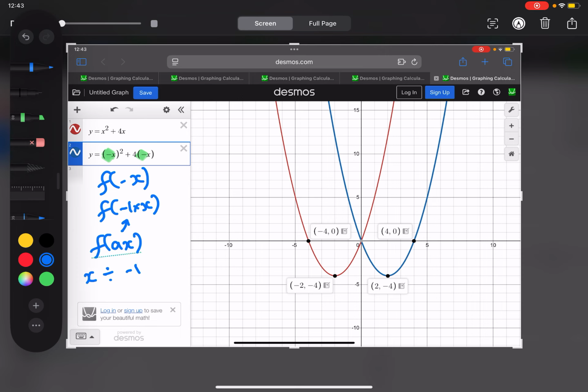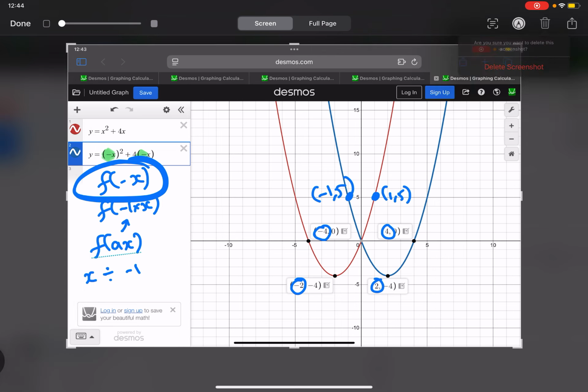So if I'm dividing the x coordinates by -1, I'm basically just changing their sign. If they were negative, I'm now making them positive. If they were positive before, this x coordinate here is 1, I'm now making it negative. So that is why this transformation is a reflection in the y-axis.